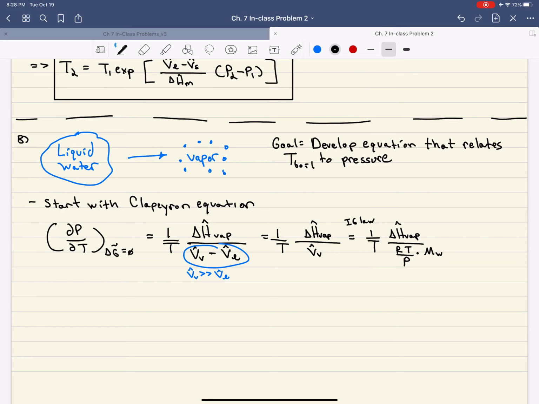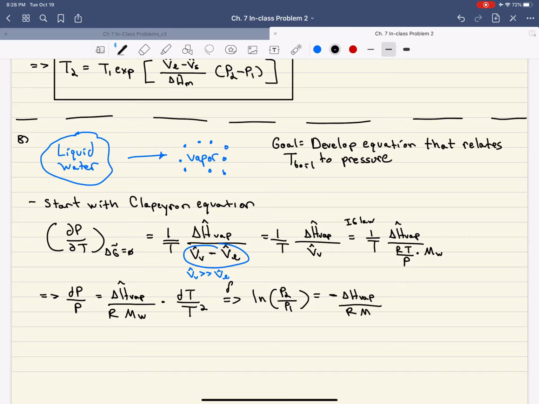Now that we have this equation, I'm going to rearrange things so that I have all the pressure terms on the left-hand side, and my constants, MW, and temperature terms on the right-hand side. From here, we just integrate the equation, and what we get is that the natural log of P2 over P1 is equal to negative HVAP over R times molecular weight, times 1 over T2 minus 1 over T1.